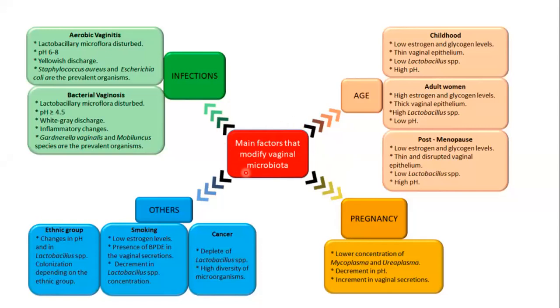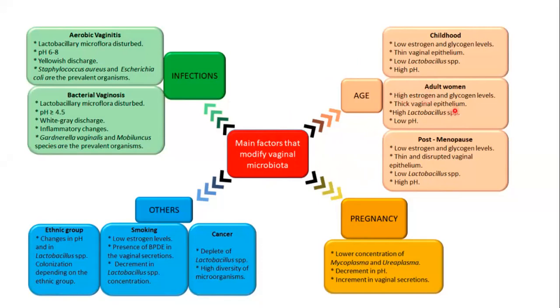So various factors will modify the vaginal microbiota. These will include age, as I've said. At childhood, they have low estrogen and glycogen levels. Their vaginal epithelium is thin. They have low lactobacillus species, and their pH is quite high. In adult women, the estrogen and glycogen levels are high.